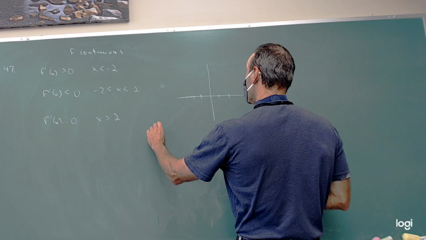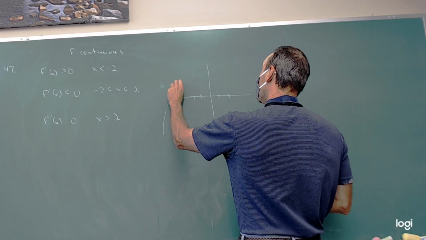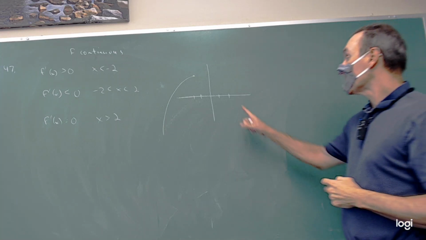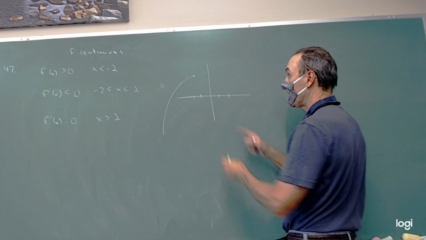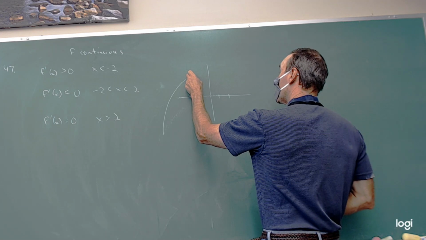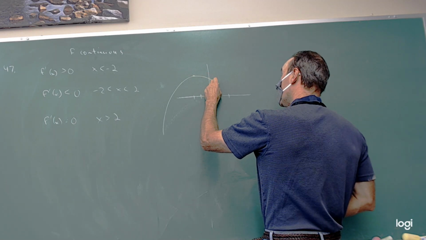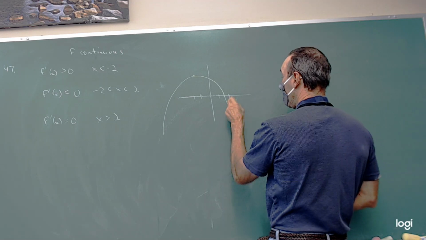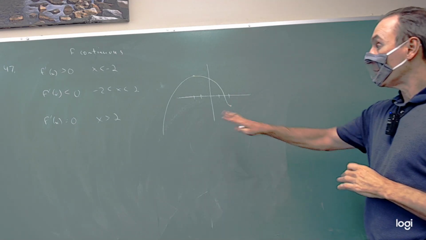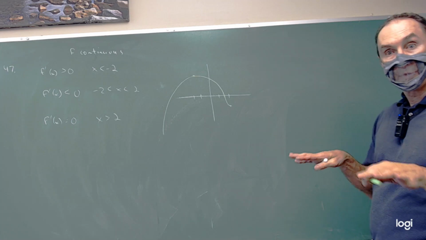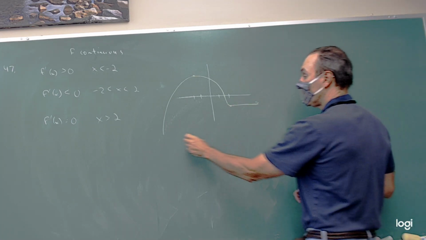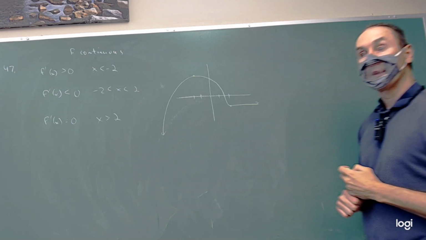So we could do something like, say, up to -2, it's there. Then until we get to 2, it's going to be decreasing. So we could do something like that. And then for the rest of the way, it's got to be horizontal. Okay?